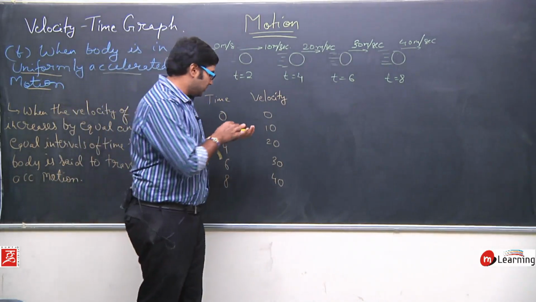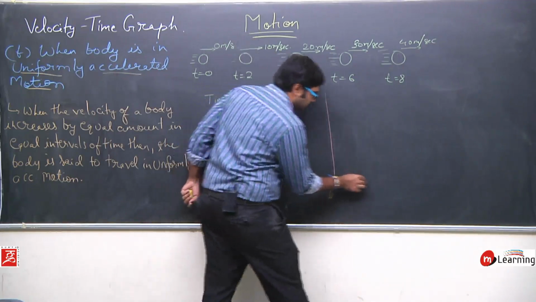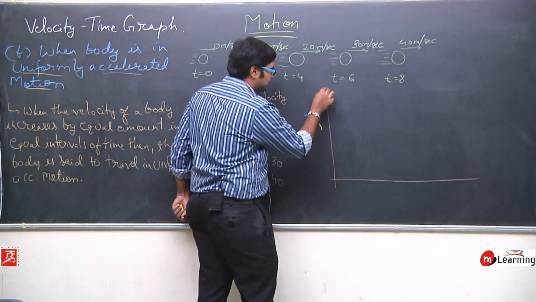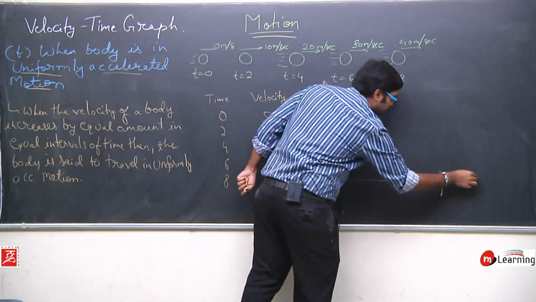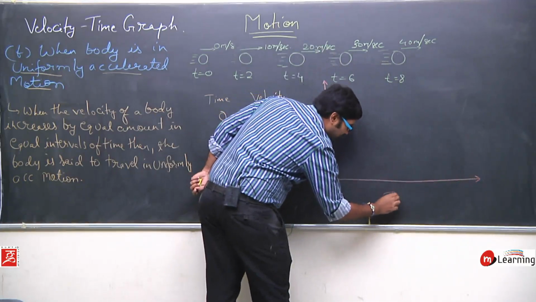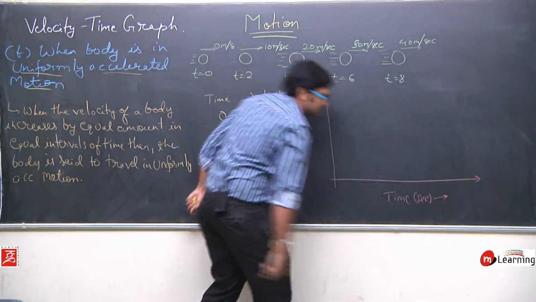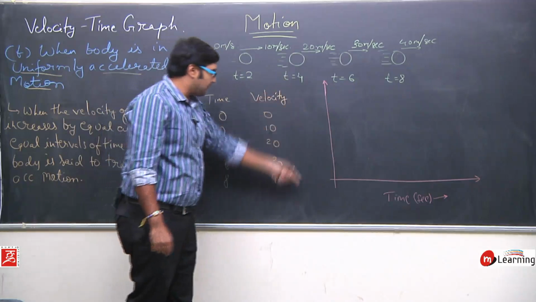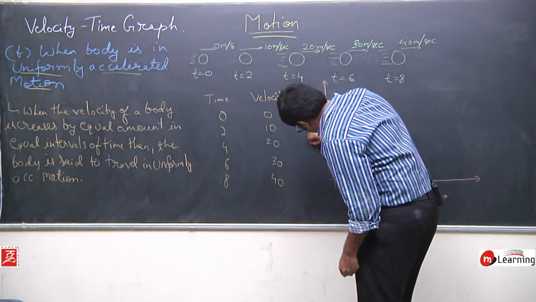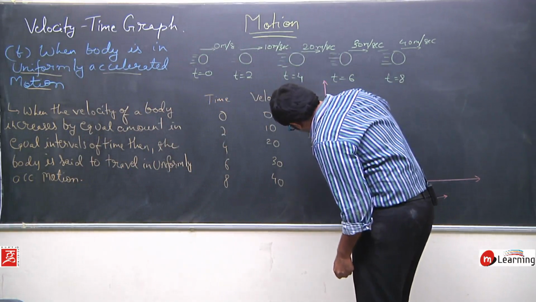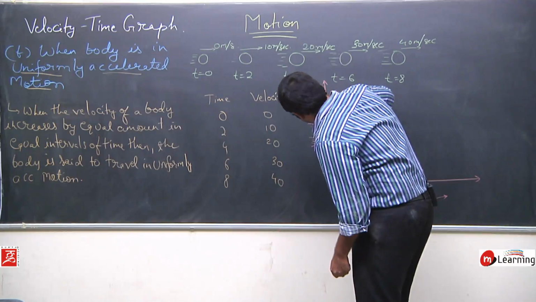Okay. So I want to plot the velocity time graph of this situation. This is the time. Because time is an independent quantity, we will take it on the x-axis, the horizontal axis, and on the y-axis we will plot velocity in meters per second.